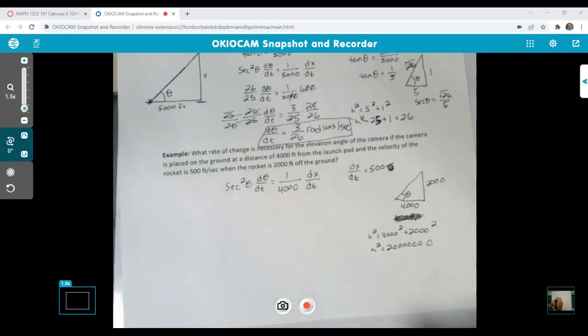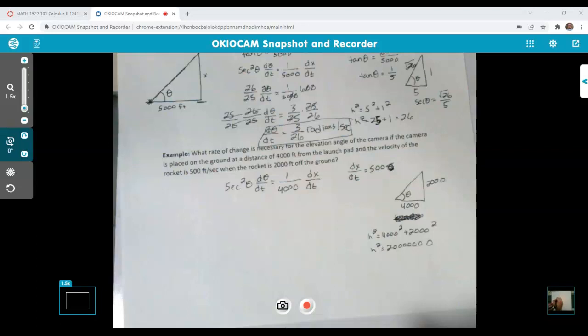Take the square root of that, and you get h equals the square root of 20 million. And we can factor out a million. Just because this is a whole mess, we can write that as the square root of 20 times a million. And the square root of a million is 1,000. Square roots of 20. That's way better. 1,000 square roots of 20.